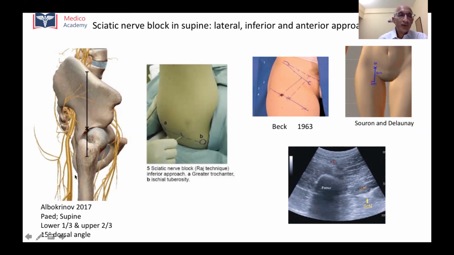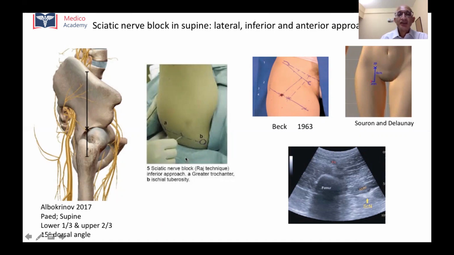The lateral approach was described for pediatric age group, in which a line is drawn passing through the greater trochanter towards the iliac crest, and at the junction of lower 1/3 and upper 2/3 is the point where we insert the needle with about 15 degrees posterior angulation, looking for this nerve with the help of PNS stimulation.